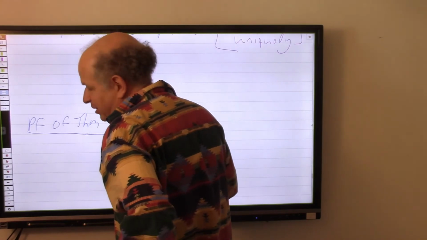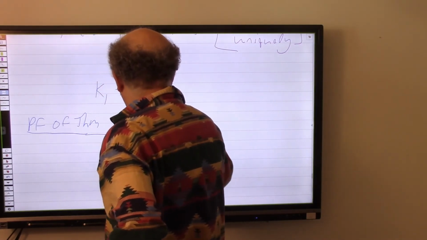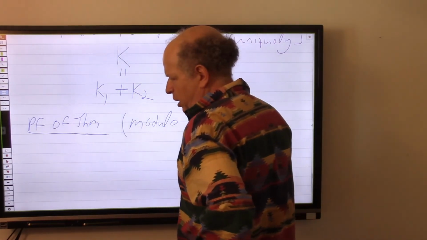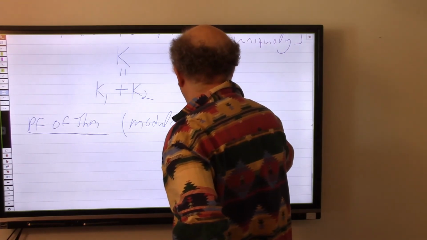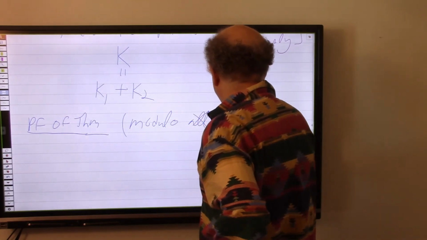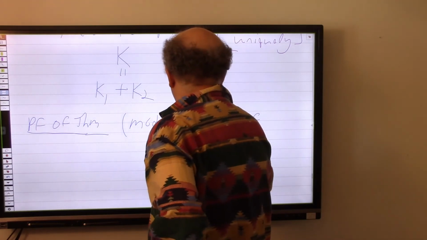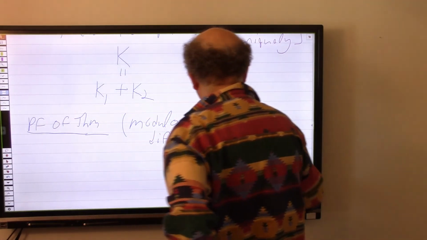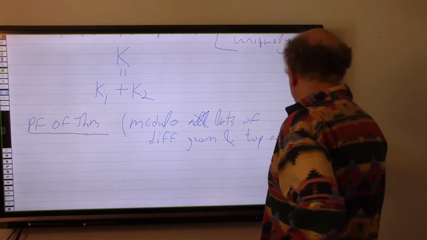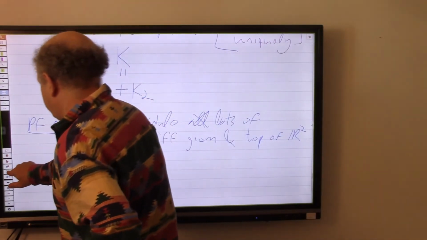Again, let me emphasize that this is modulo lots of differential geometry and topology of R2, so the Jordan curve theorem, essentially.